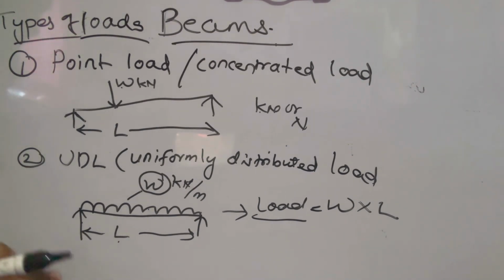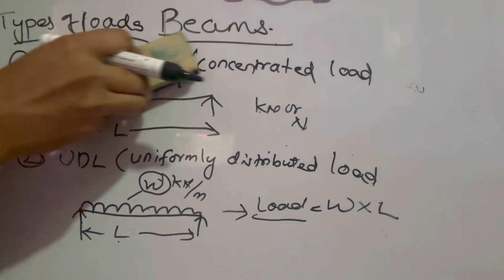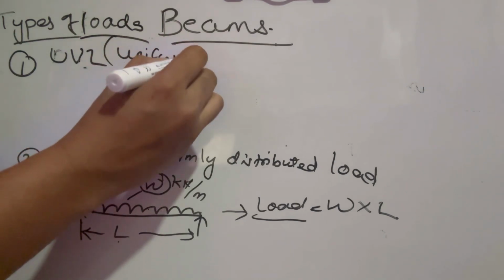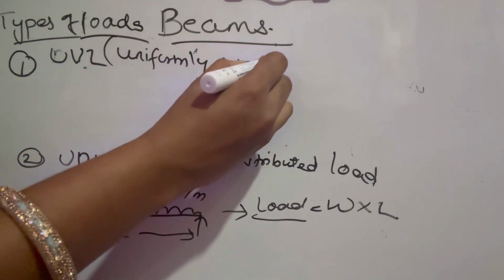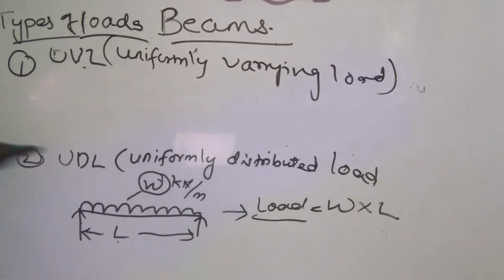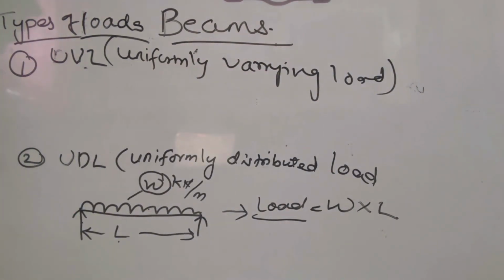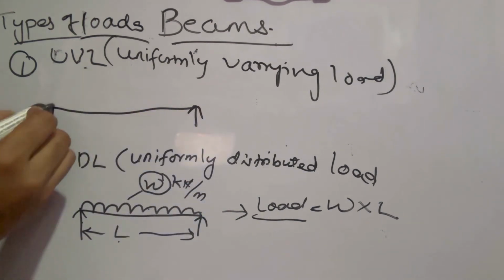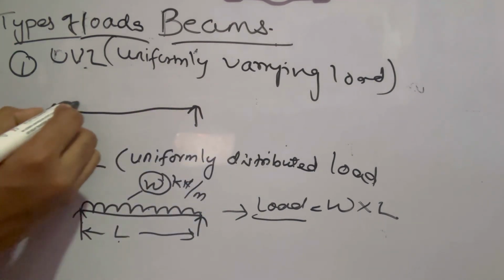Then the third type of load you have is the uniformly varying load. Uniformly varying load is the type of load where the intensity of the load is zero at one end and maximum at the other end. So this is the uniformly varying load.